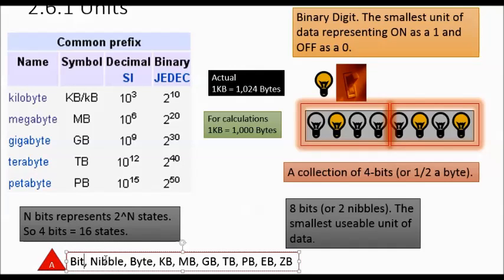A bit is 1 binary digit, a nibble is 4 bits, a byte is 8 bits or 2 nibbles, a kilobyte is 1,000 bytes, a megabyte is 1,000 kilobytes, a gigabyte is 1,000 megabytes, a terabyte is 1,000 gigabytes, and a petabyte is 1,000 terabytes.